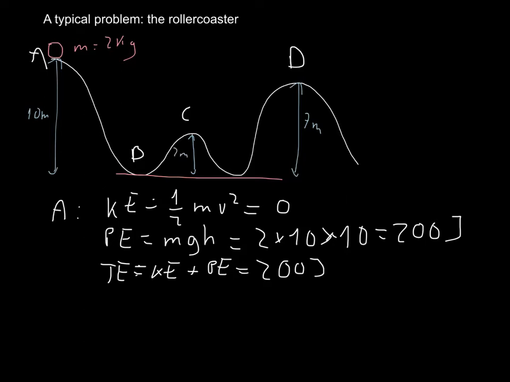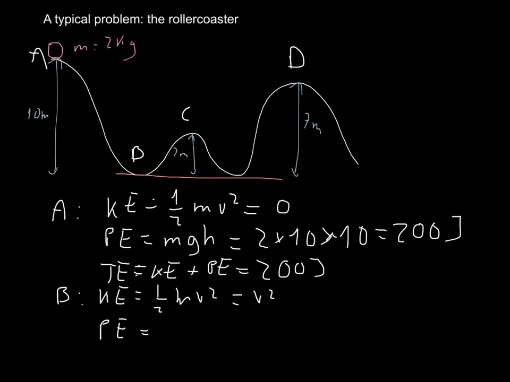Now, imagine that I want to know the speed of this thing at B first. So I ask myself, well, how do things work at B? At B, the kinetic energy, I don't know how much it's going to be, but it's going to be 1/2 of mv squared. And m equals 2, so 1/2 of 2, that's 1, so it's equal to v squared. And the potential energy, because this thing is at the bottom, has to be 0 because h is 0, right?